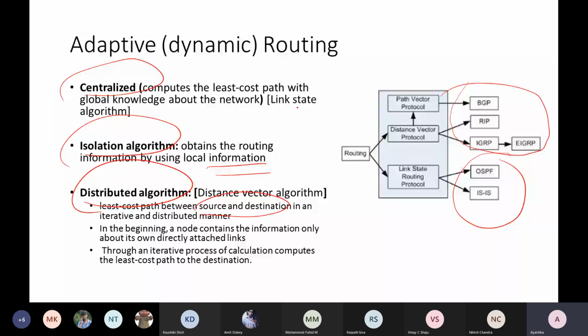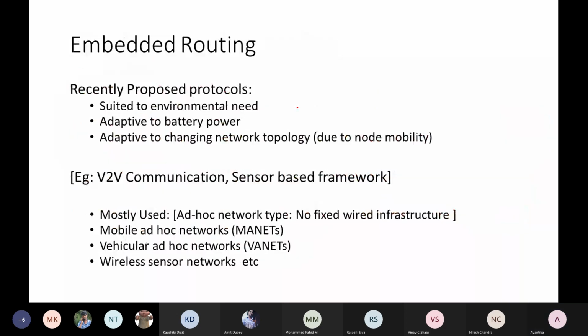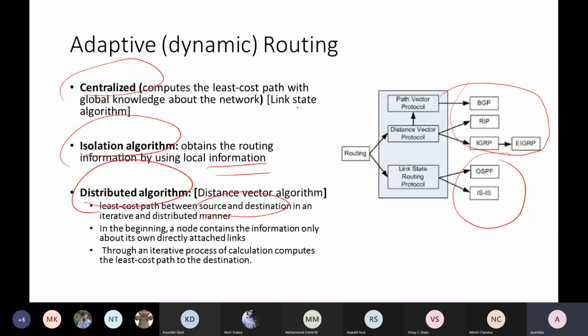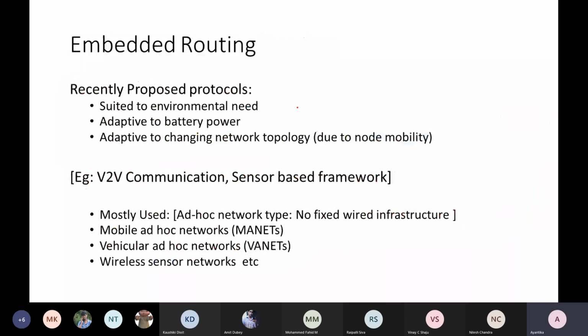And not only that, along with that, we have to consider some sensor associated with it. So whenever we are talking about this embedded routing concept, we have to consider both concepts. On one hand, mobile ad hoc networks, and on the other, the wireless sensor network.